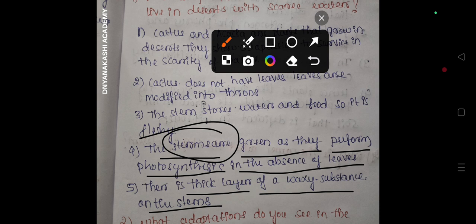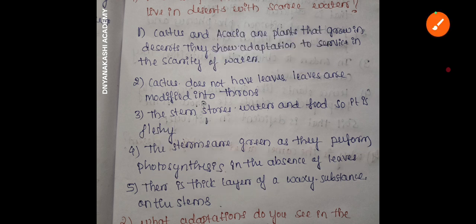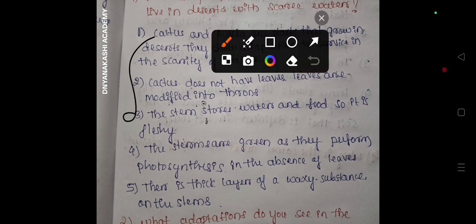There is a thick stem in desert region plants and also a waxy layer present on the stem. Also, questions like 'write the characteristics of desert region plants' are asked. Write the same answer like this. Next question discussion.